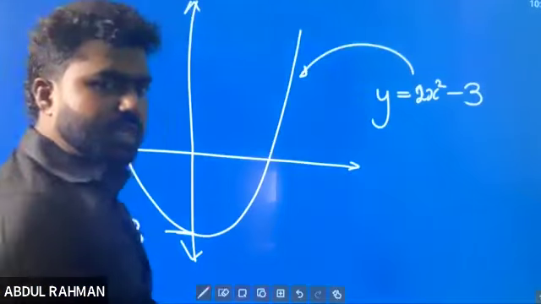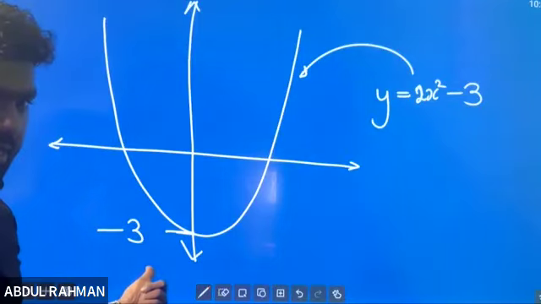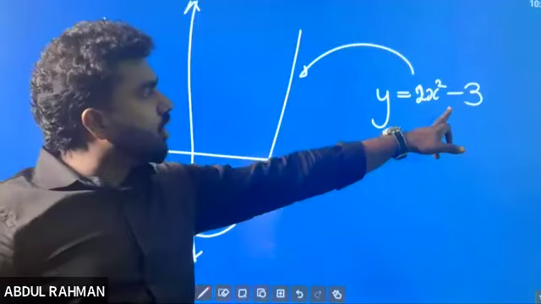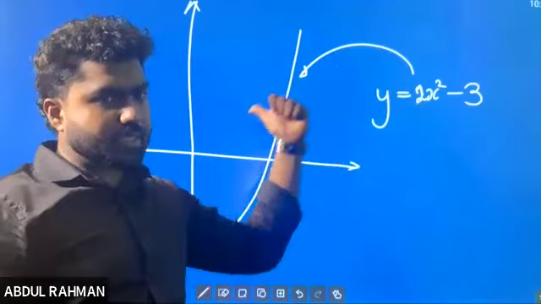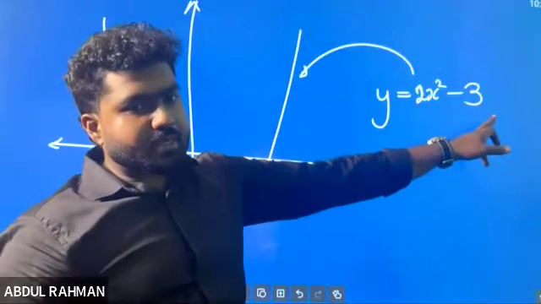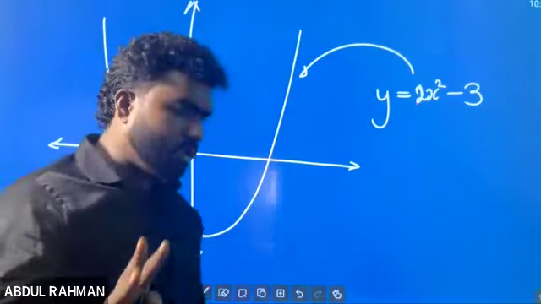Correct? This is a minimum graph. Why is it a minimum graph? Because the coefficient of x squared is positive. The constant here is -3, so the minimum value is also -3.